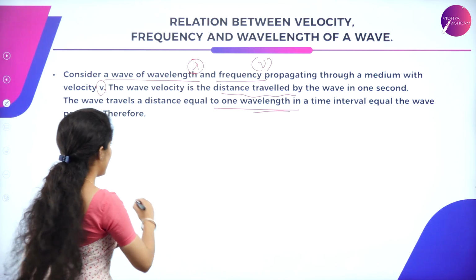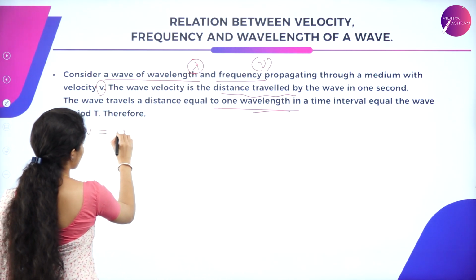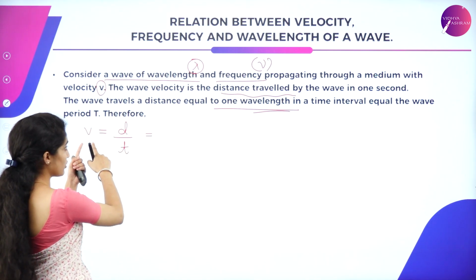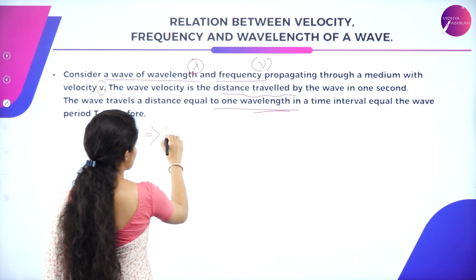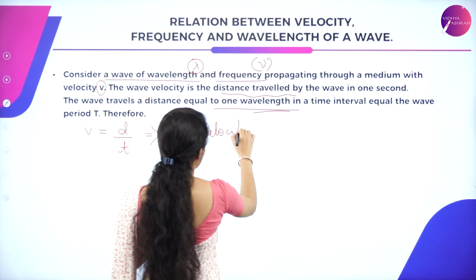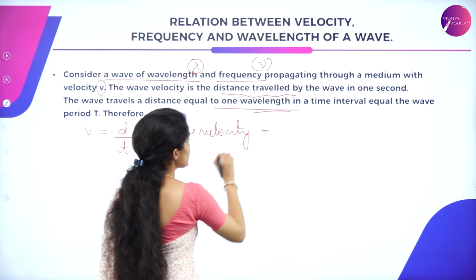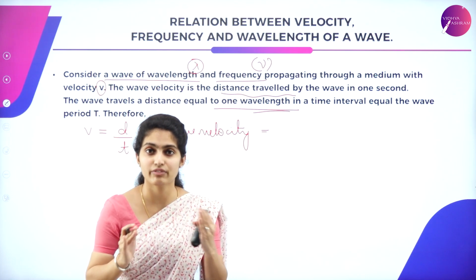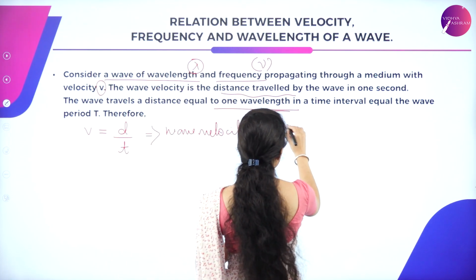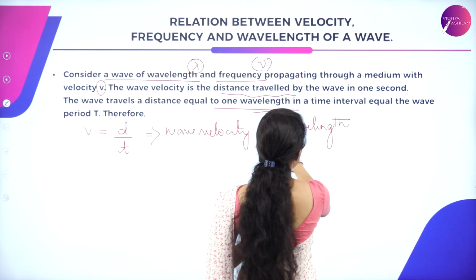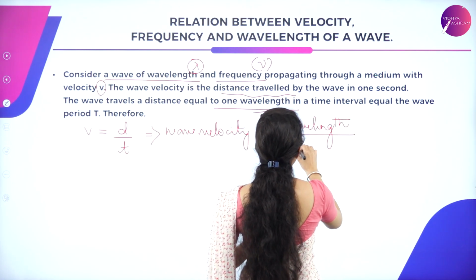We know that velocity is equal to distance divided by time taken. So wave velocity is equal to the distance, which is the wavelength, divided by the time, which is T, the wave period.